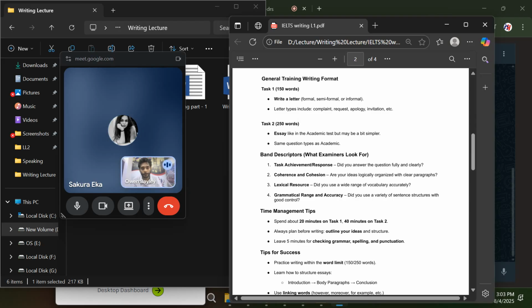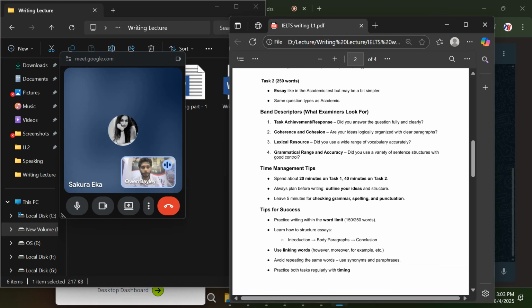So band descriptors, what examiners look for: task achievement and response. So did you answer the question fully and clearly? The first thing they will look at is, did you understand the question? Did you respond to the question fully and clearly?